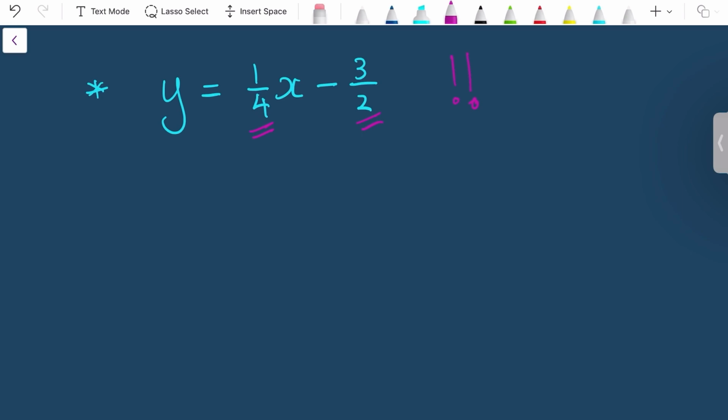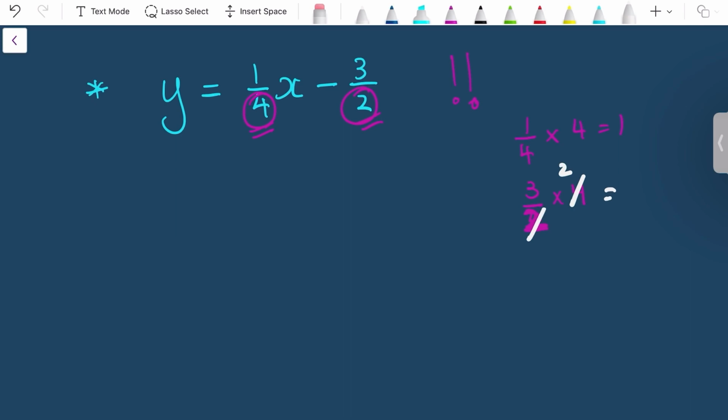And so what I'm going to do is I want to multiply by a number so that I undo the denominators. So I know that if I times 1/4 by 4, it will give me 1. And that means I need to multiply 3/2, apologies, by 4, which will cancel, right?